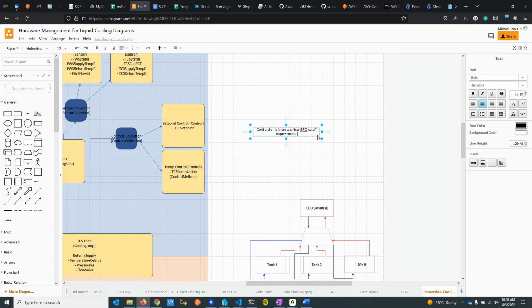I think for the immersion cooling case, it was stopping any kind of heat in the tank once it reached a critical point. So it just cuts all power to all the IT equipment in the open bath.